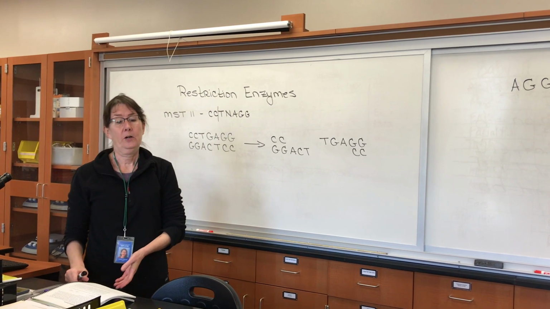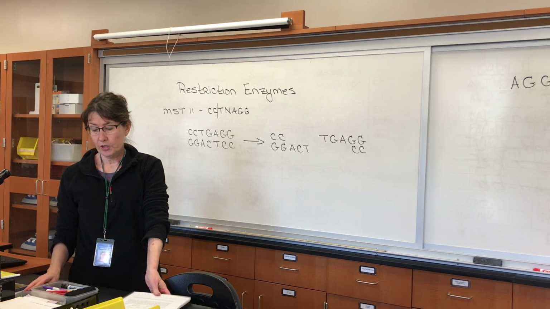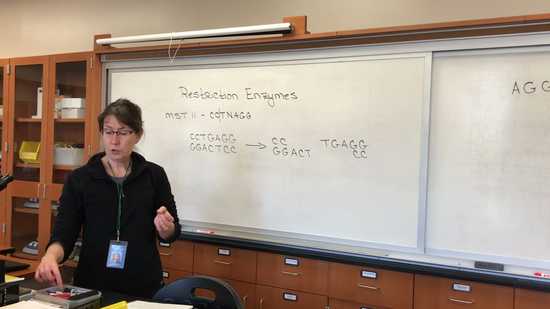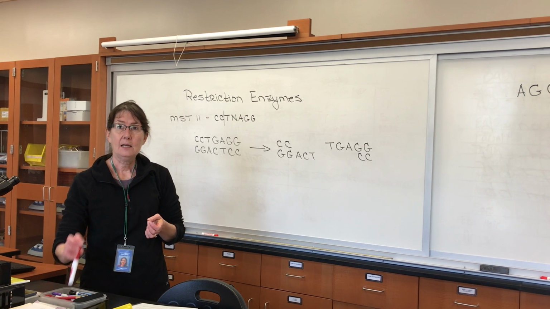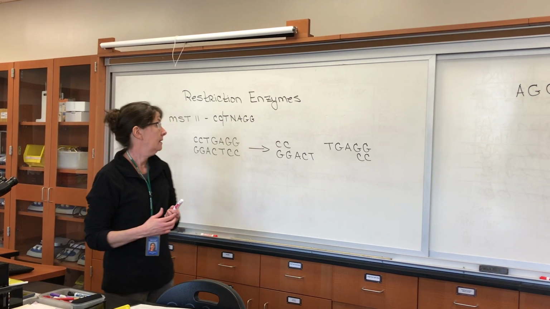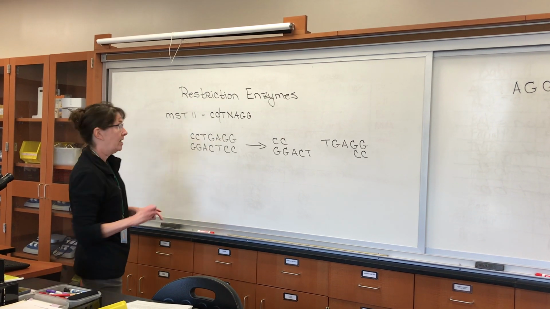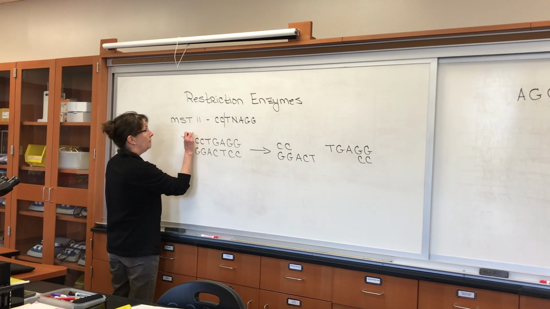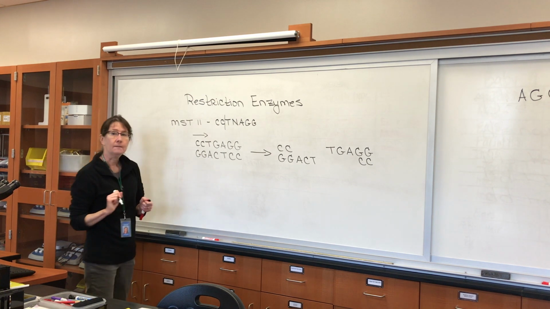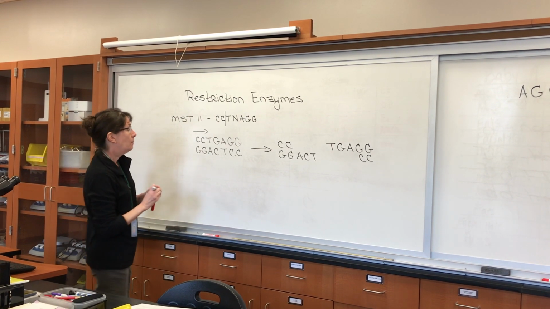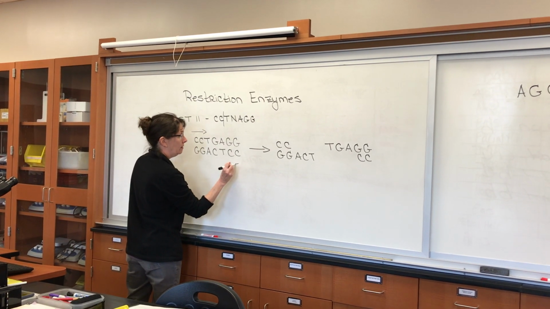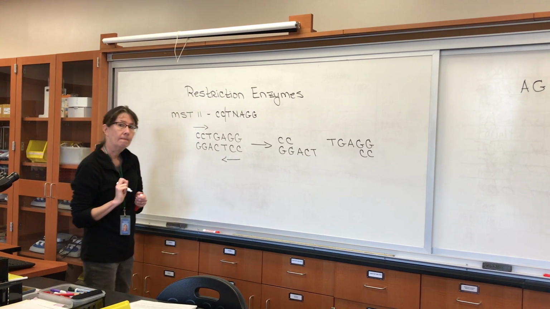Now remember that DNA is double-stranded. So we have two strands of DNA that we are going to cut. MstII will read our top strand going from left to right, and it will read our bottom strand going from right to left.